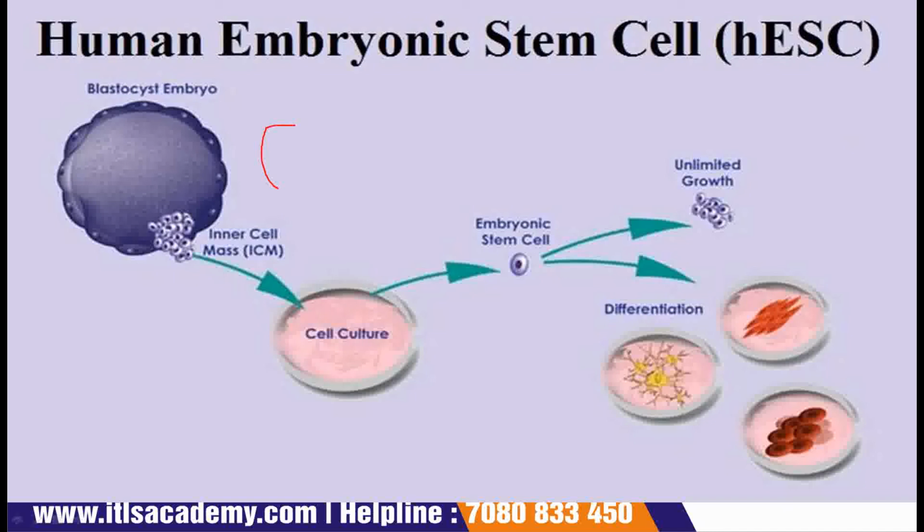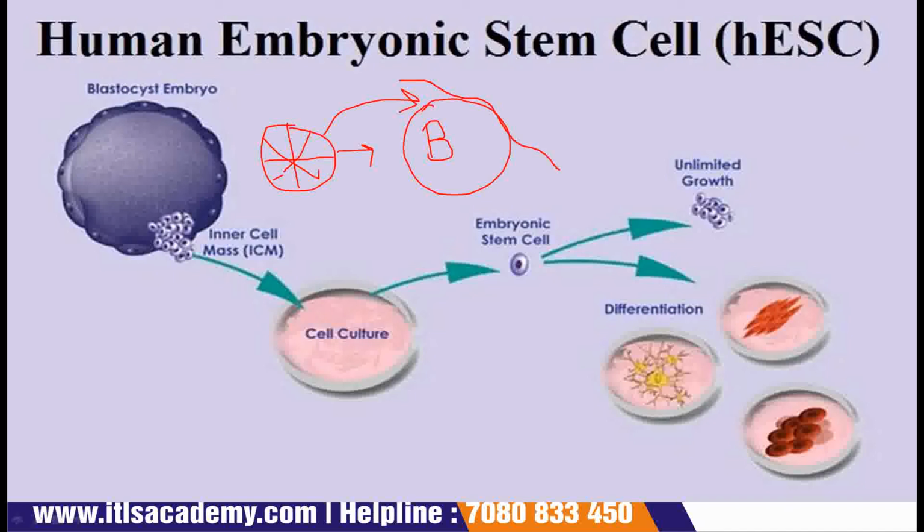When this zygote differentiates, it divides from 1 to 2, 2 to 4 and so on. After many divisions, a stage forms known as blastocyst. This blastocyst is a stage at which implantation of this zygote occurs.